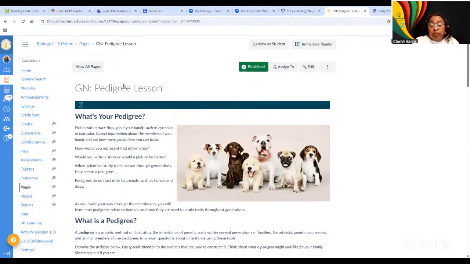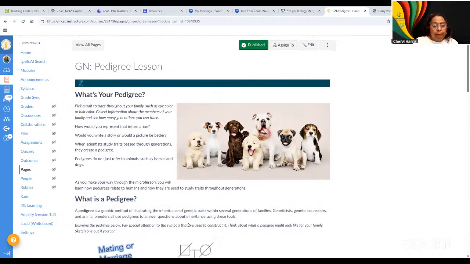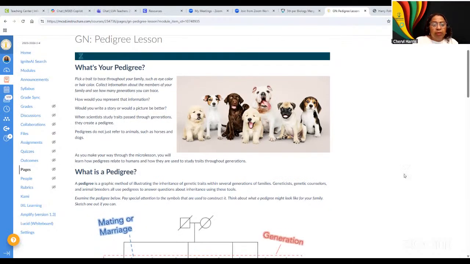They look to breed a certain line. If they like the characteristics of this dog or this horse, they try to breed it with like characteristics so that we keep getting the same kind of dog or horse. So that's the breeding part.